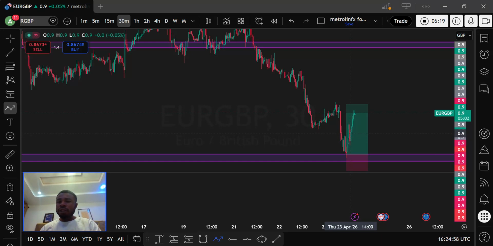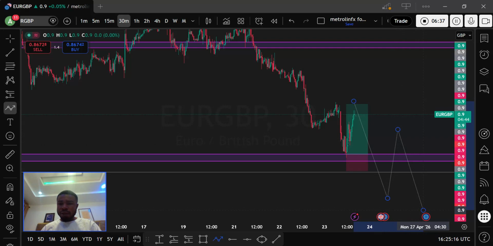That's why I'm trading this correctional movement. As a newbie, you don't trade a correctional movement. You trade with the trend, you understand? This market can decide to give us a new lower low from here and continue its movement to the downside.